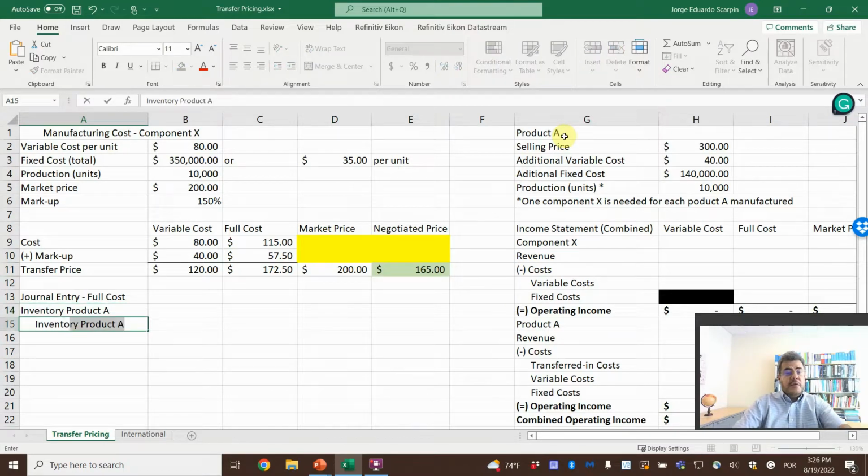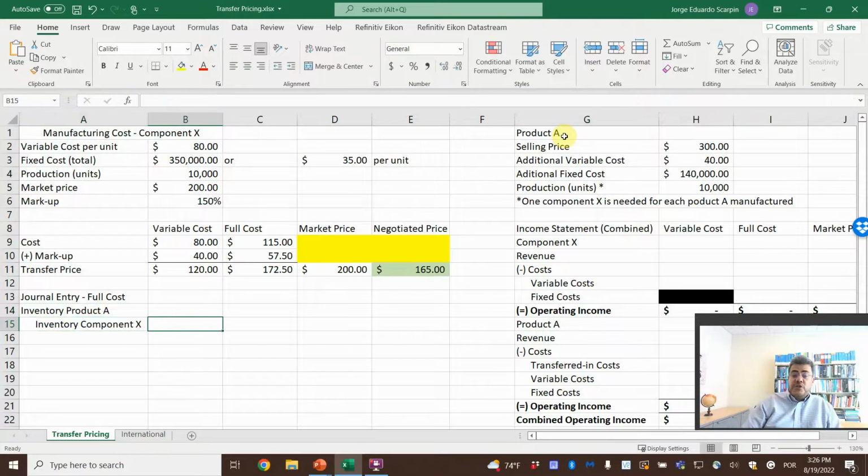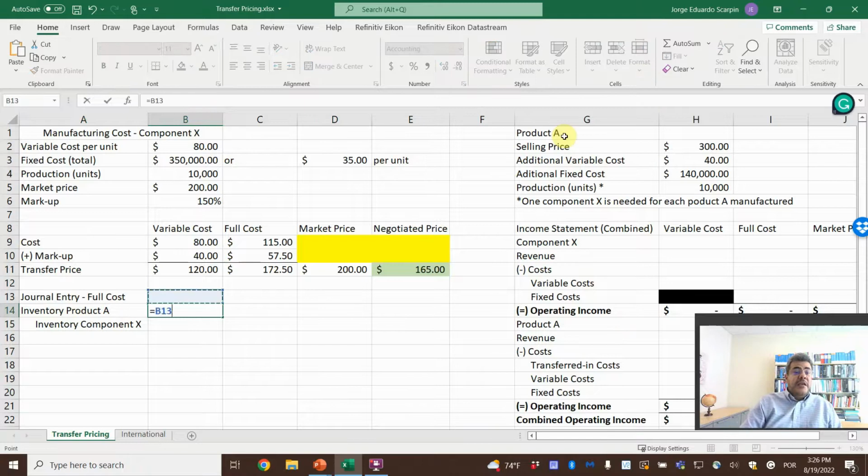And credit, inventory, component X. How much? For financial accounting, and here we are talking about financial accounting that we are doing the journal entry, it is the full cost, we don't consider markup, times units.